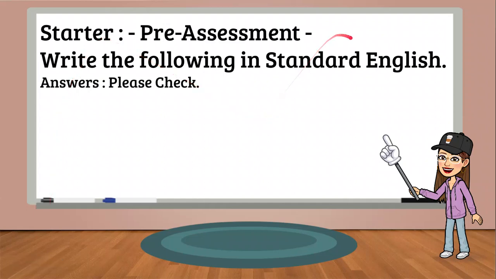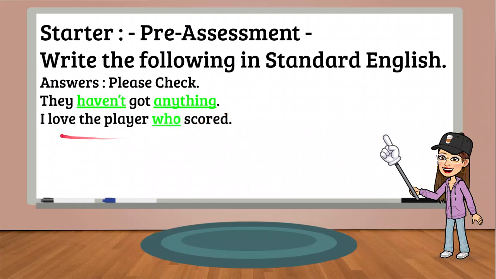So the answers are going to be up, and please check your answers. So the first answer, they haven't got anything. It was they ain't got nothing. Ain't changed into haven't, and nothing became anything. Second, I love the player who scored. It was what scored.